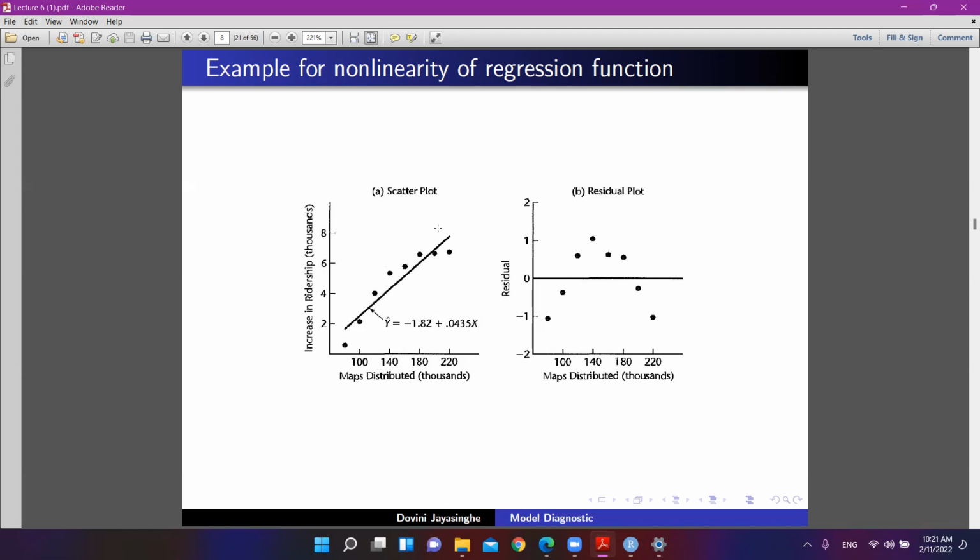Likewise, we just have the scatter plot. Forget about this line. When looking at these points, can you see there is a slight non-linearity between x and y? Although the scatter plot shows something slightly like this, generally we try to fit a linear regression model, a line, for this. What have we done here?